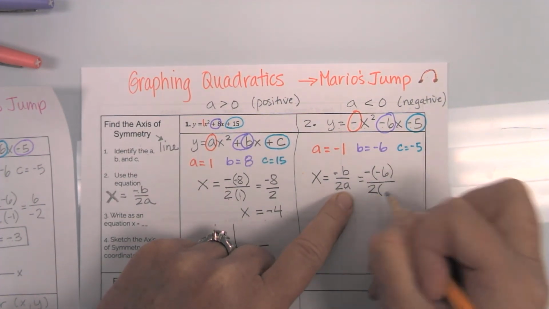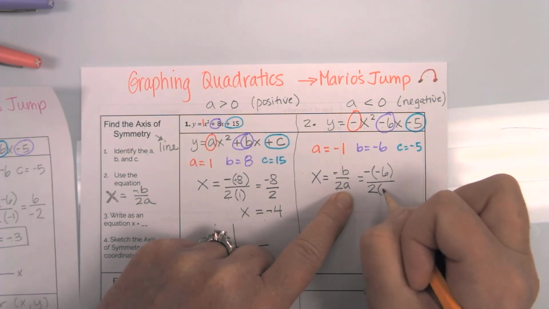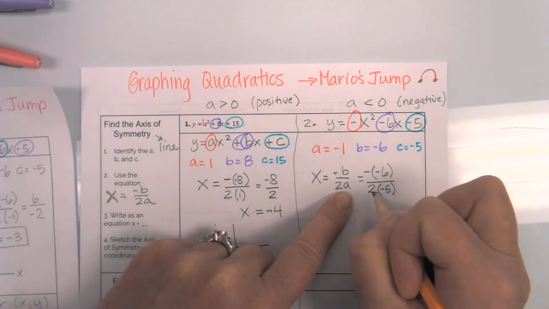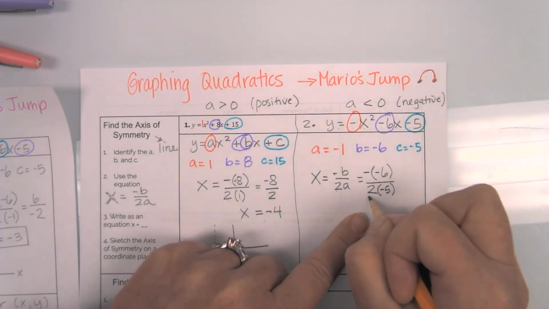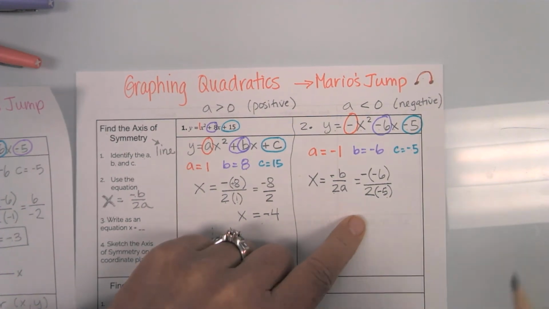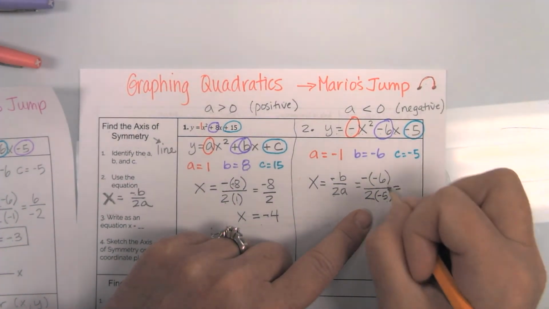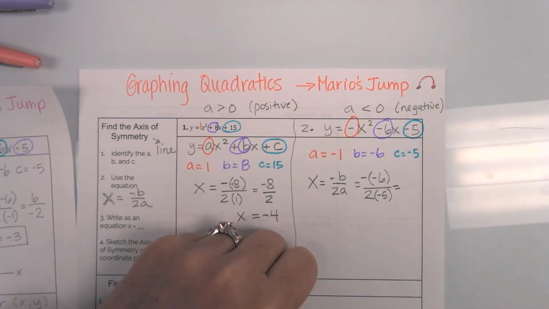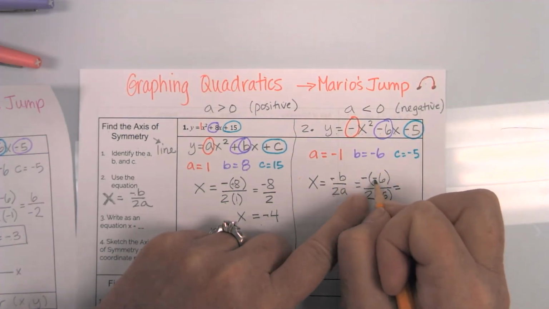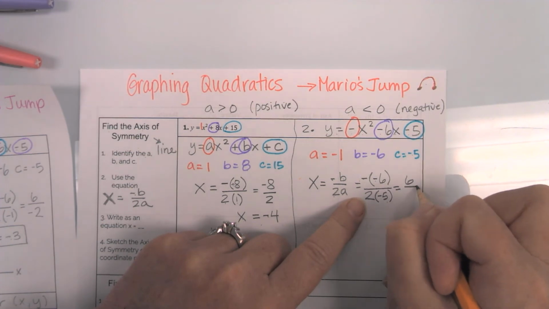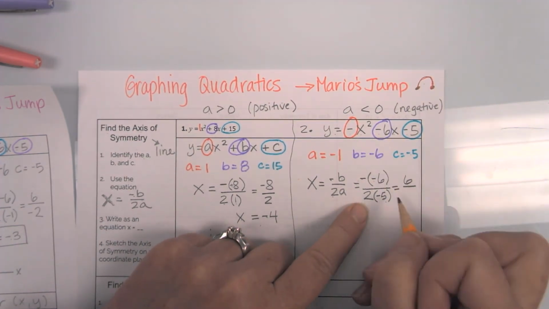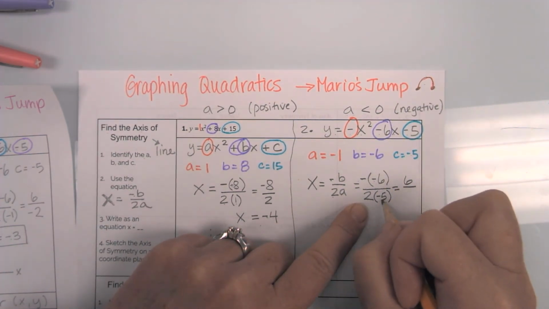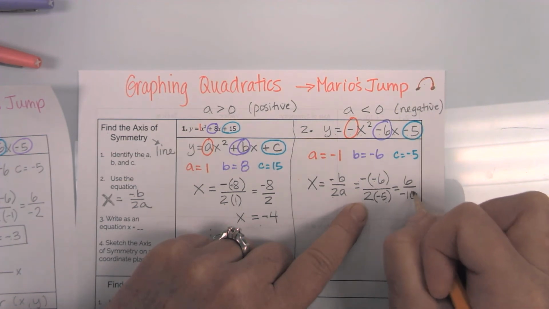And when I substitute my 2 in, make sure that you use parentheses because you are multiplying 2 times negative 5. It's not 2 minus 5. Now, messy, let's simplify. A negative, negative 6. Remember, this says take away a negative, so now we are positive. 2 times a negative 5 is 2 sets of negative 5, so I'm at negative 10.